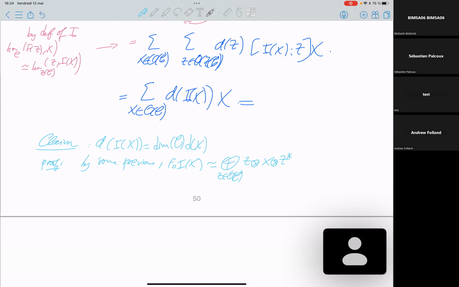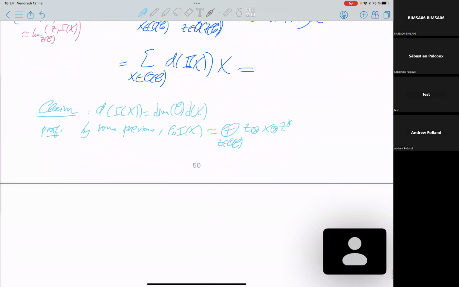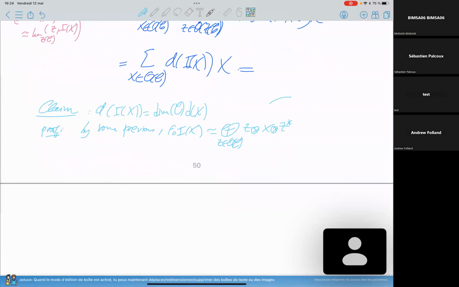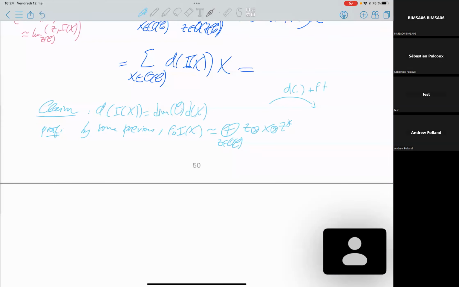Okay. So F is a tensor functor. If you apply the dimension, and F is a tensor functor, so you keep the dimension.